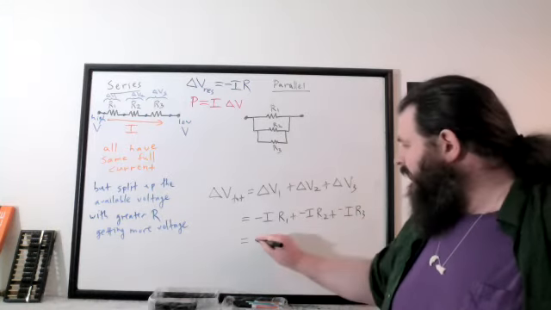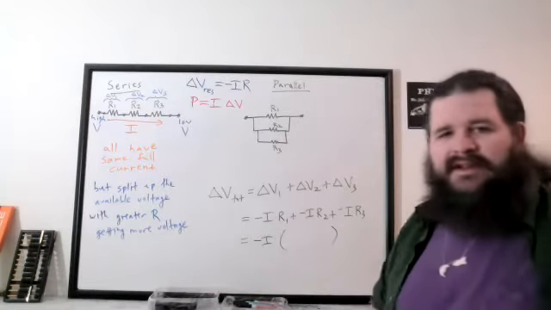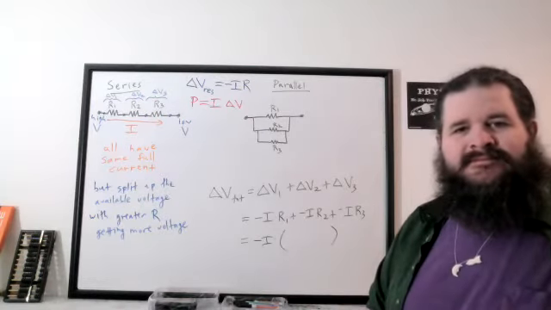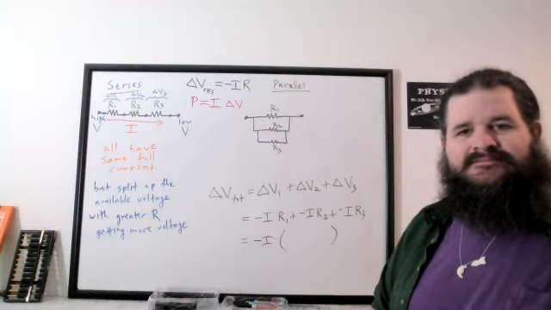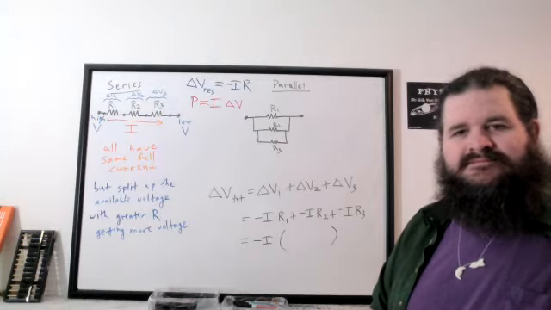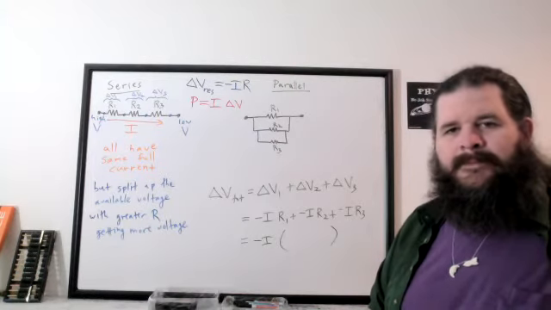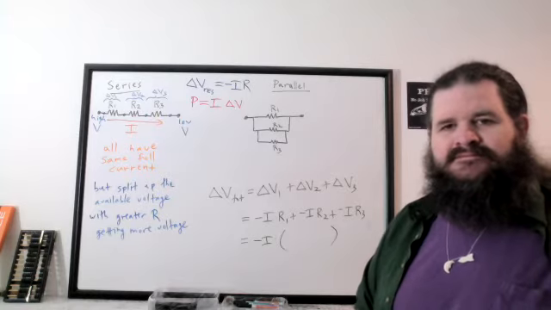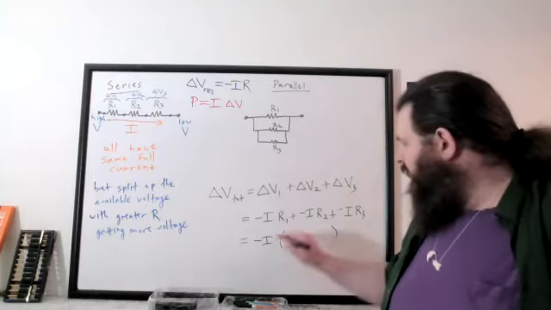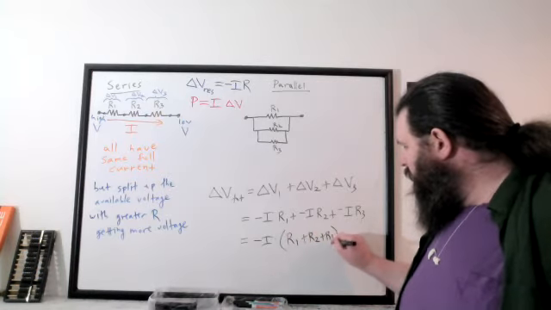Yeah, we can factor that out. Factor out negative I, and what are we left with? Yeah, we just have the sum of those resistances, R1 plus R2 plus R3.